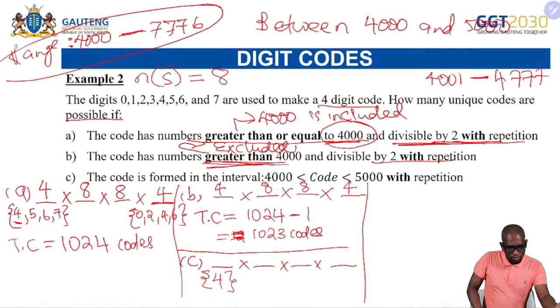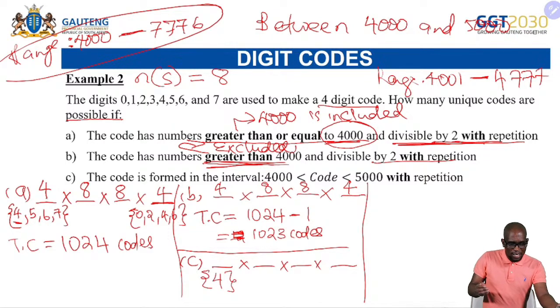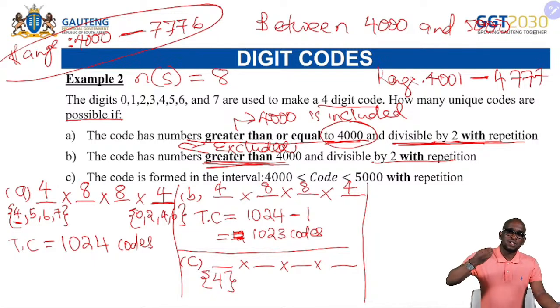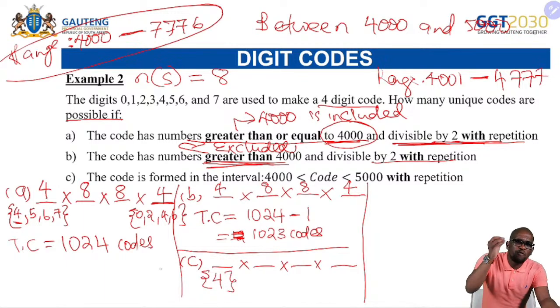That would be 4777. That would be the range of these codes, because these codes must be greater than 4,000 but less than 5,000. Remember, a number that is less than 5,000 starts with a 4. That is why we are saying only 4 should be the leading number.